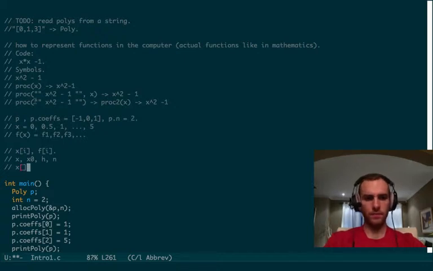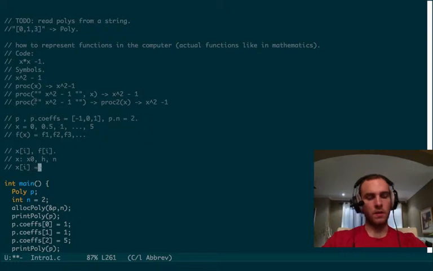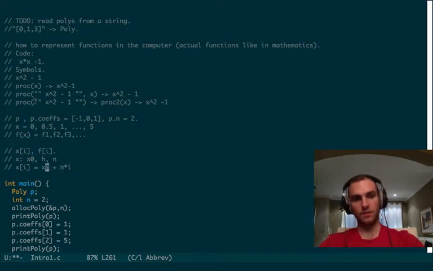right? X of I, the imaginary x of I that doesn't exist in the computer, can be obtained by simply doing, actually, there's no comma here, it would be more like 2 points. X of I would be x0, right, plus h times I. So x of 0 is just x0 plus 0.